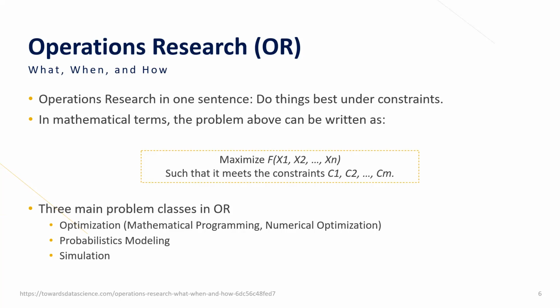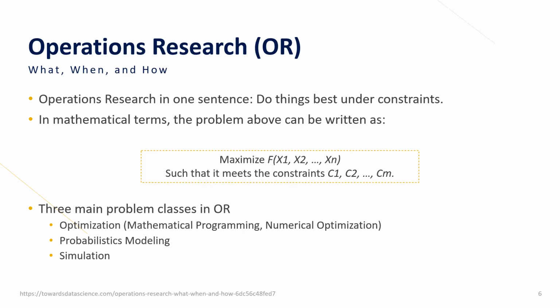When you consider those uncertainty factors in your decision making, the bias caused by the uncertainty is unbearable for our problem. So you need to use probabilistic modeling techniques or simulation techniques.